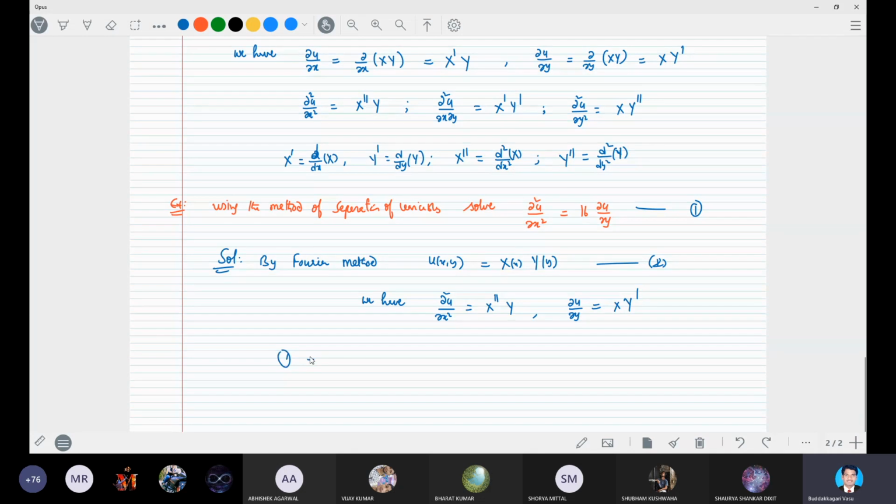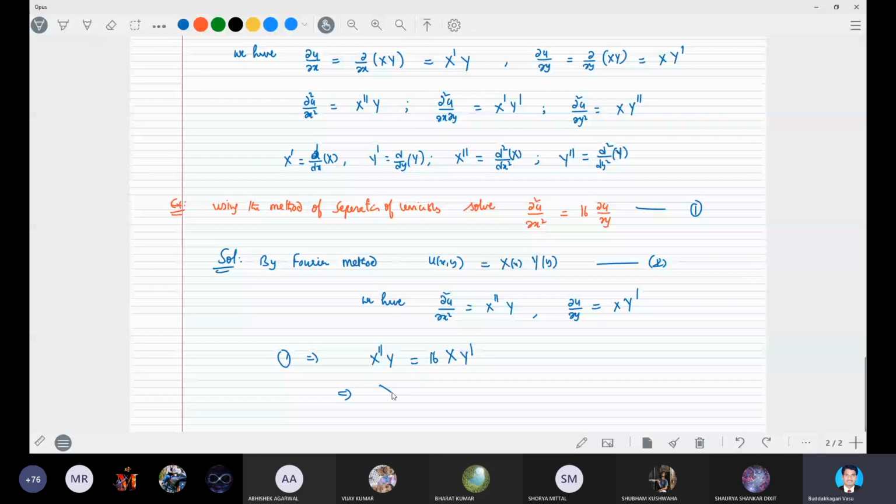Substituting them into equation 1, we get X double dash into Y is equal to 16 into X into Y dash. Now we can easily separate the x functions on one side and the y terms on the other side.